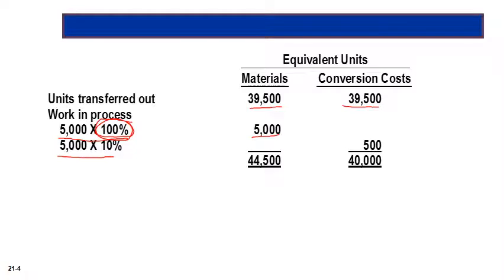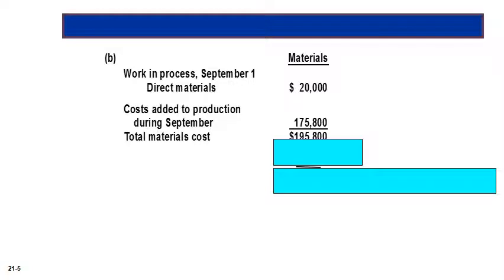So 5,000 times 10% is 500. So we're just adding down to get the equivalent units for materials and the equivalent units for conversion costs. Usually when I do this in class, I add the next piece below it, with two columns, and I start adding together the rest of the materials.